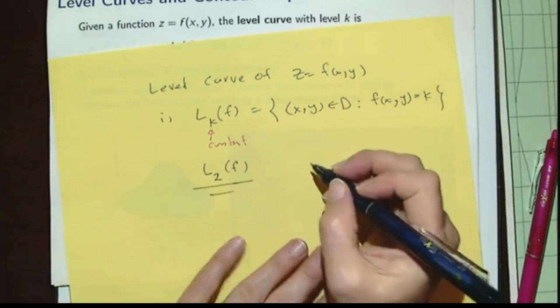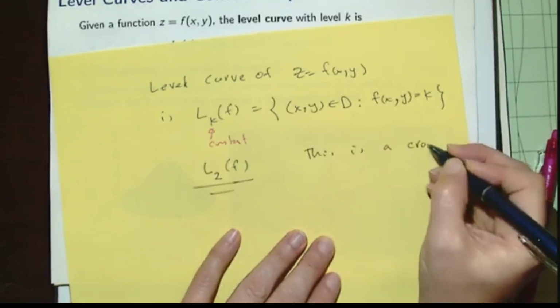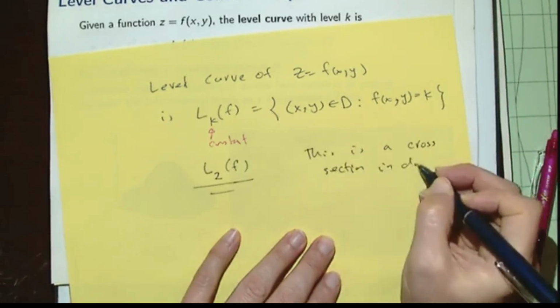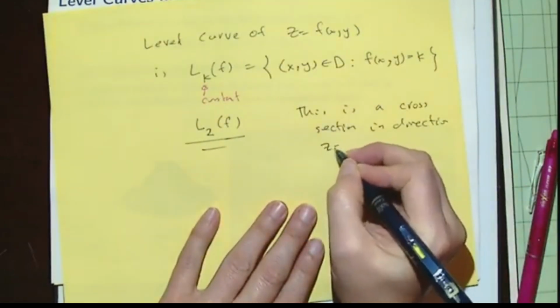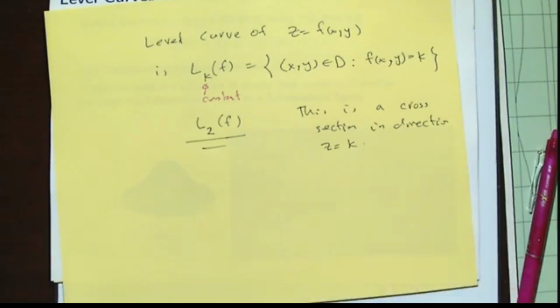It's a cross section in direction z equal to k. The only difference is with cross sections, you have them in 3D.